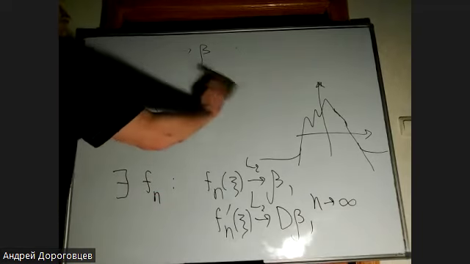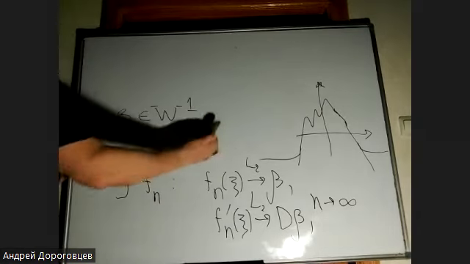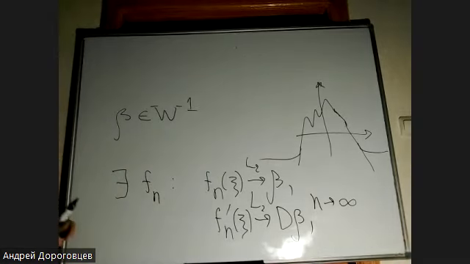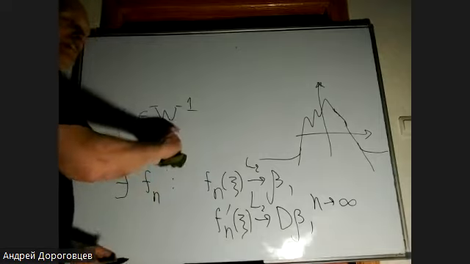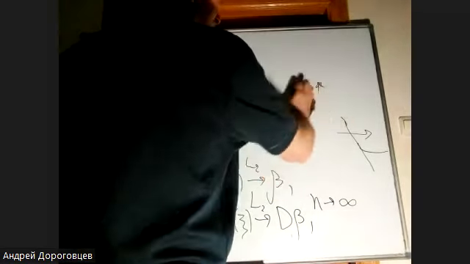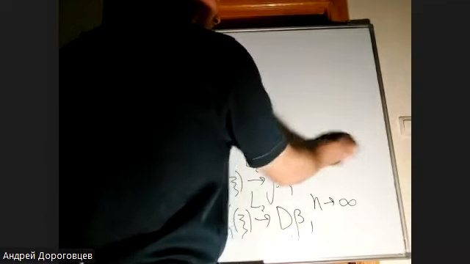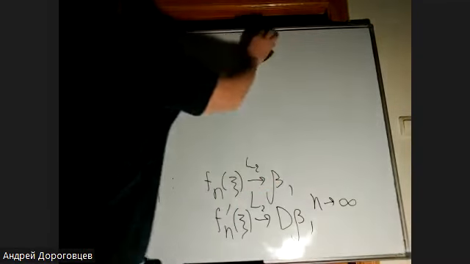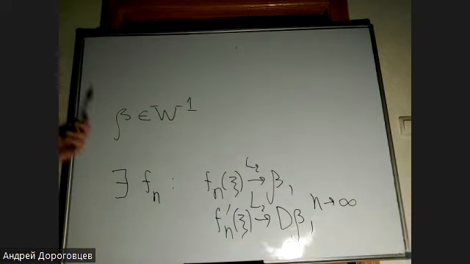From this point of view, one can now understand why I chose this notation W, because the construction of the stochastic derivative turns out to be exactly the same as the construction of the Sobolev space in mathematical physics.